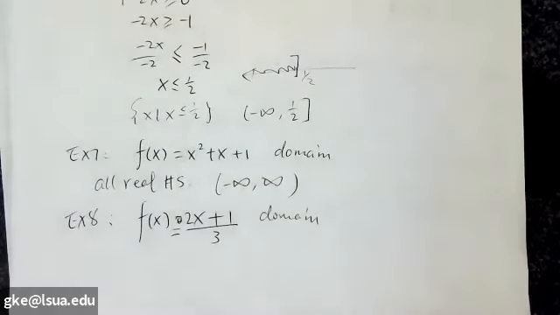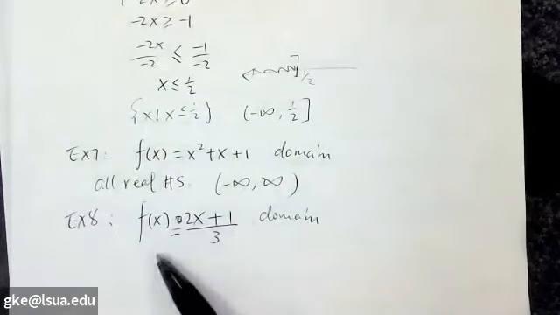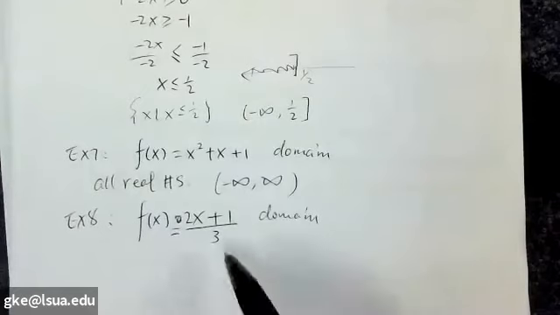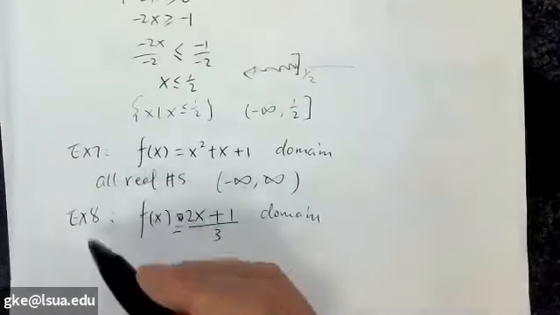Who can tell me? x is not equal to 3? Here, the denominator doesn't have any x, right? So it's all real numbers again.